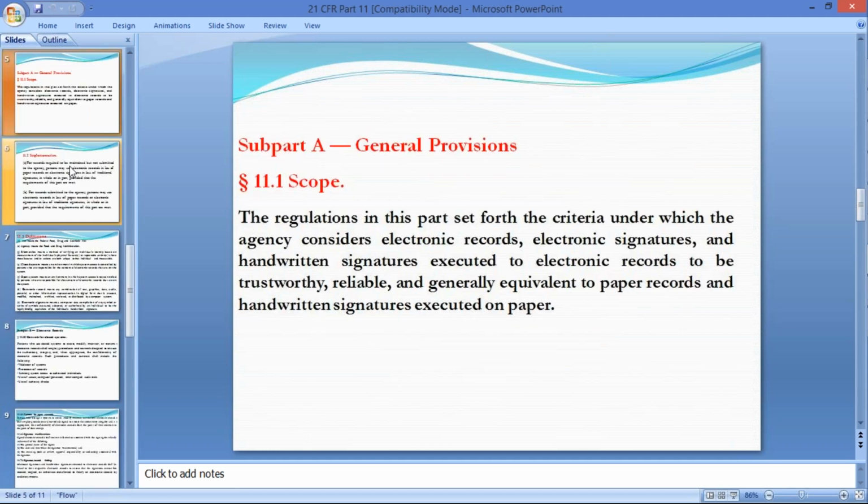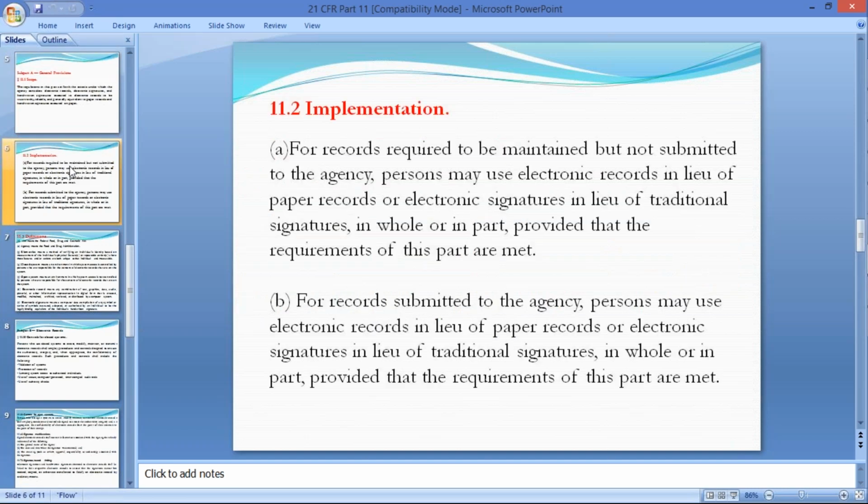This will create the criteria under which FDA considers electronic records and signatures equivalent to handwritten signatures and paper records, in whole or in part.